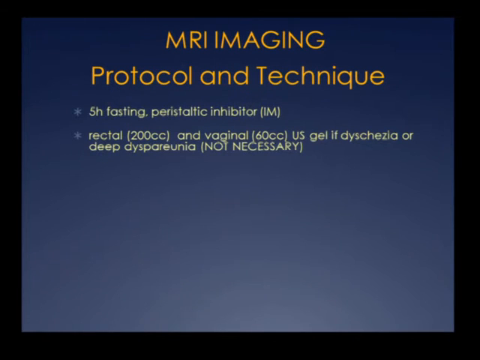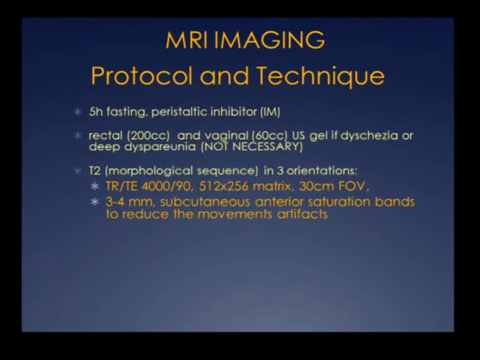the possibility of the administration of peristaltic inhibitors, because the bowel, moving organs, is a big problem with MRI. And we don't use rectal or vaginal gel in the usual practice, but we use the T2.